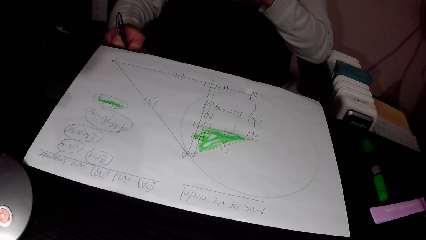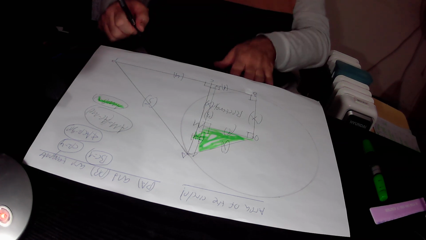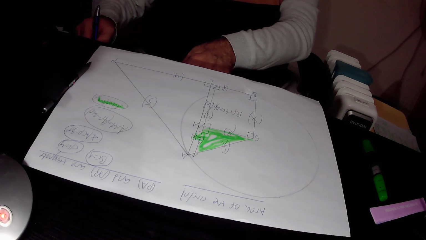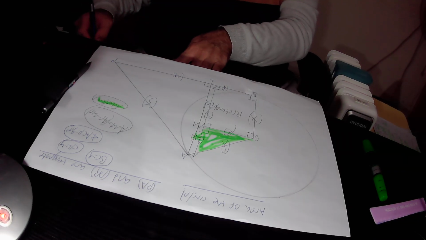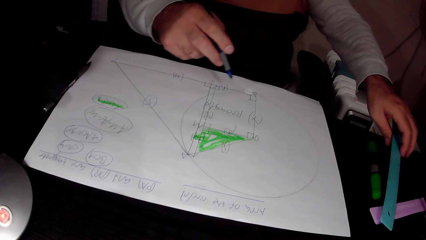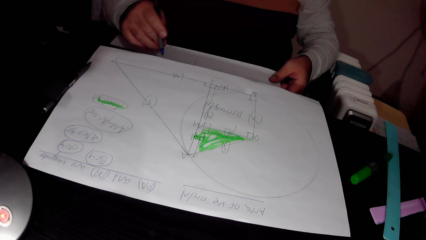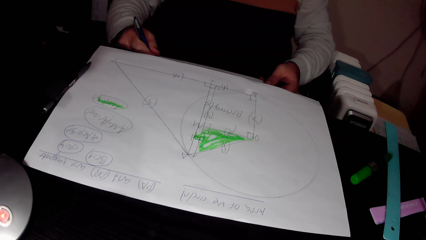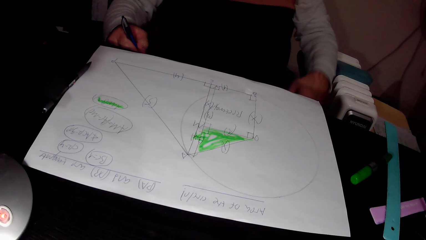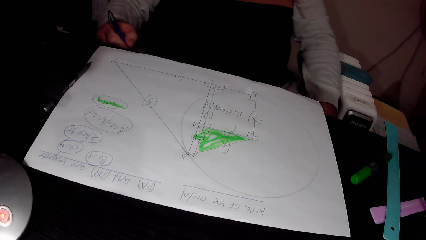So in the right green triangle OAM, according to the Pythagoras theorem, AO squared, that is the square of the hypotenuse, equals AM squared plus OM squared.